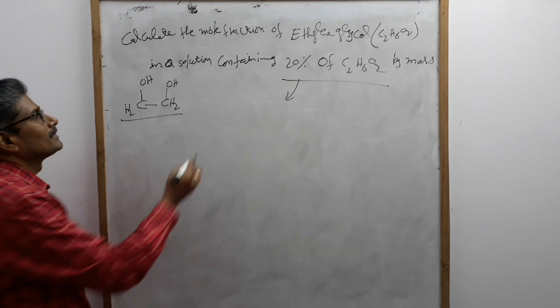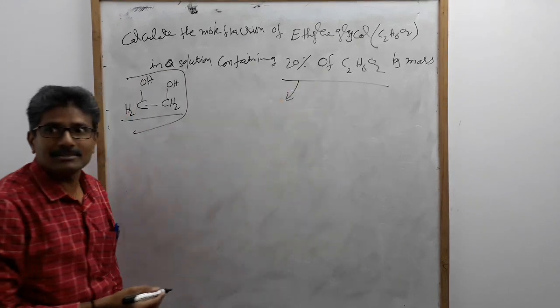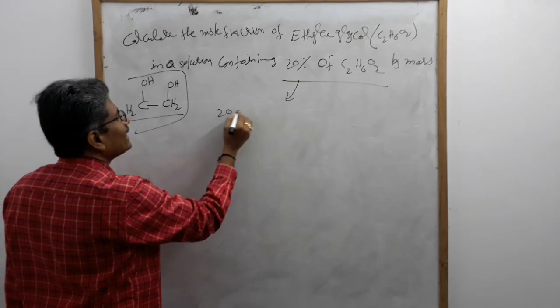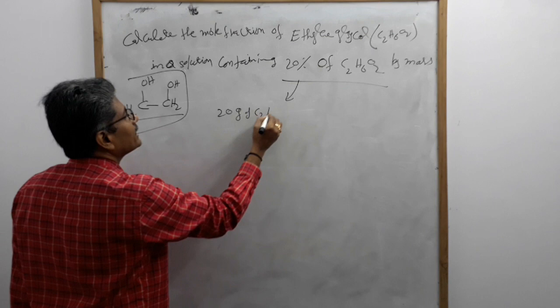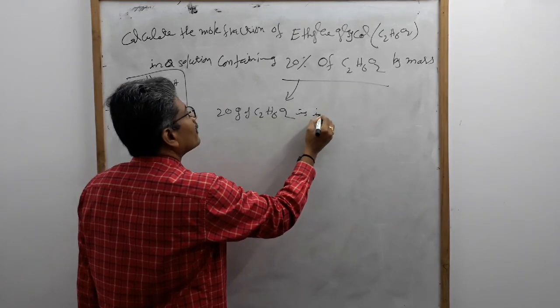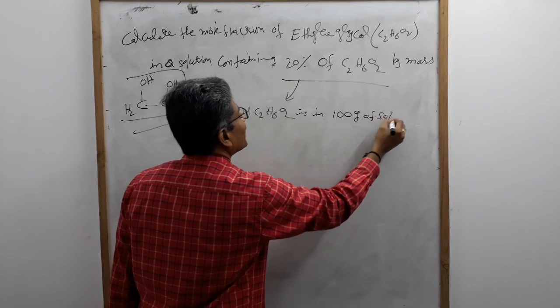See here, 20% by mass of ethylene glycol. That means 20 grams of C2H6O2 is in 100 grams of solution.